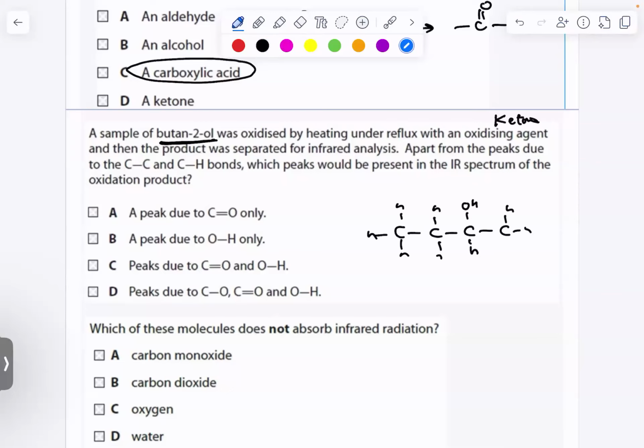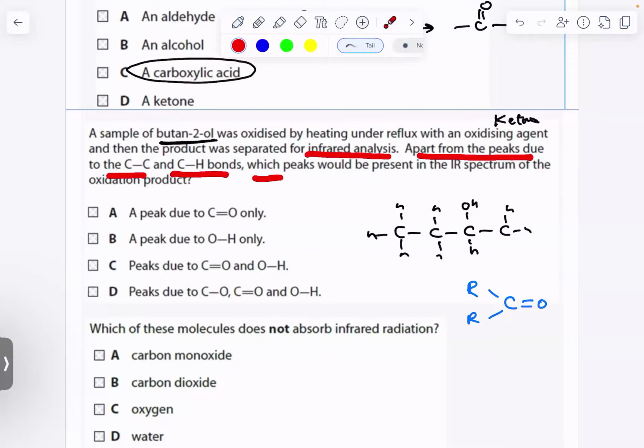Now make a structure of the ketone. Yeah, this is the ketone. Then the product was separated for infrared analysis. Apart from the peaks due to the C-C and C-H bonds, which peak would be present in the IR spectrum of the oxidation product? Now, can you answer me, please?